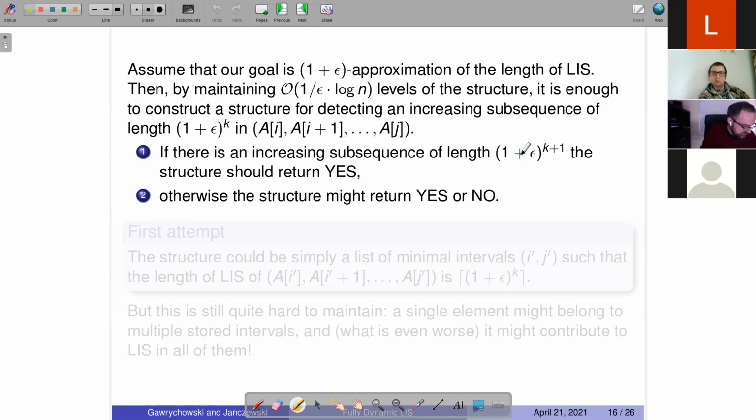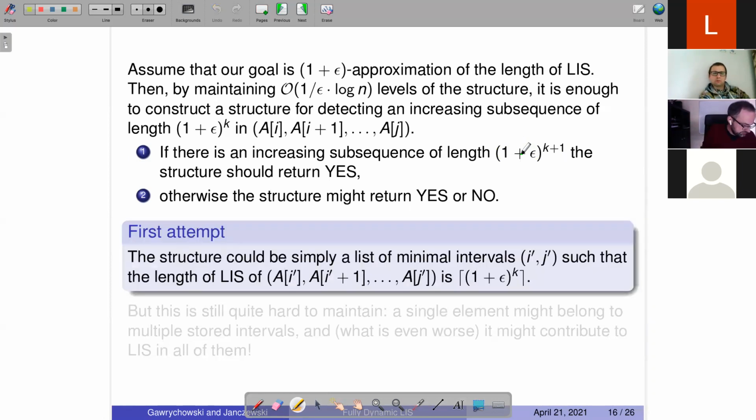So how could you implement the structure? The first attempt could be that you have your array, and you think about all intervals i prime and j prime such that it's a minimal range in which the length of the longest increasing subsequence is 1 plus epsilon to k.